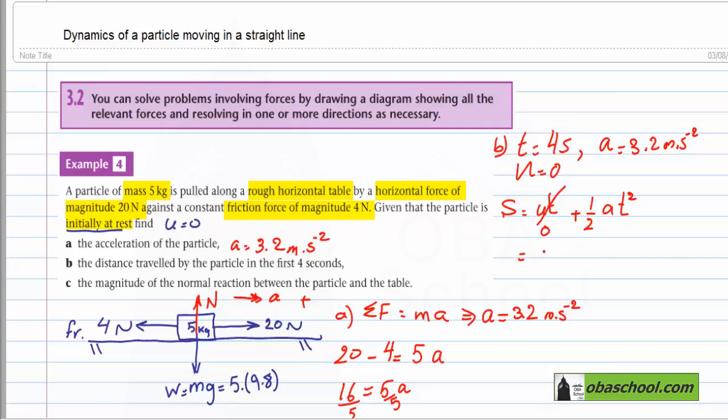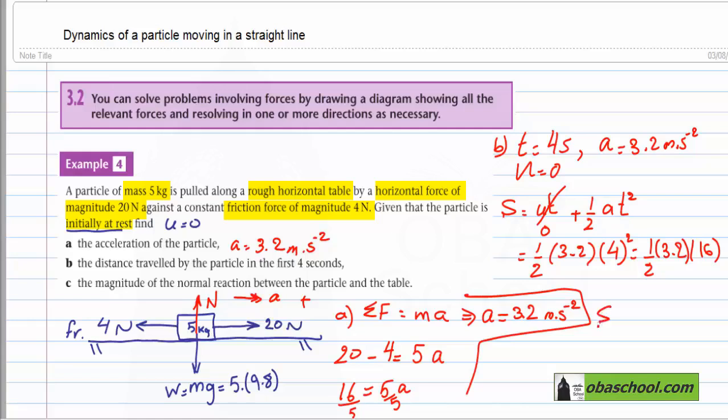Then we are left with s equal to half a, which is 3.2 meters per second squared, multiplied by t squared, that is 4 squared, which is 16. So s is equal to half multiplied by 3.2 multiplied by 16, then the distance s traveled in 4 seconds is 25.6 meters. This means that the particle covered 25.6 meters in the first 4 seconds while being pulled by 20 newtons force along the rough horizontal plane.